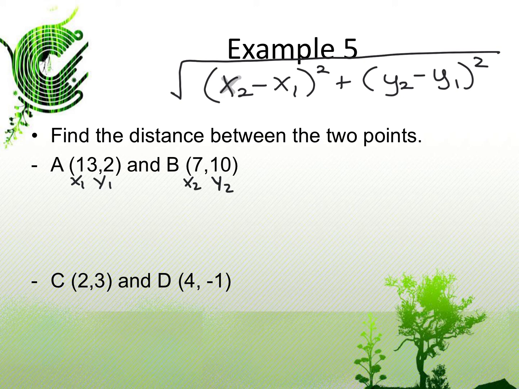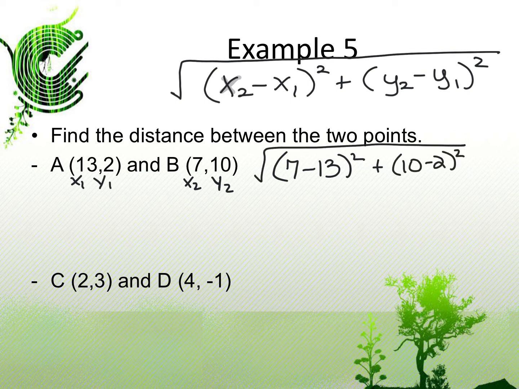So I'm going to be doing 7 minus 13 squared plus 10 minus 2 squared, and it's all under the square root. I need to follow order of operations. So I'm going to do the parentheses first. 7 minus 13 is negative 6. 10 minus 2 is 8.